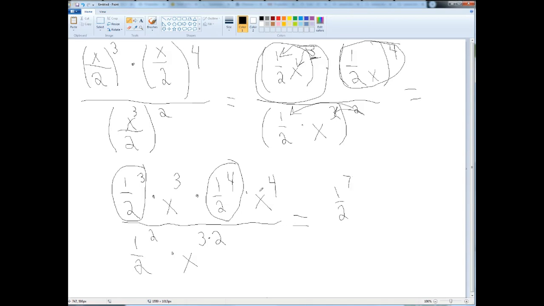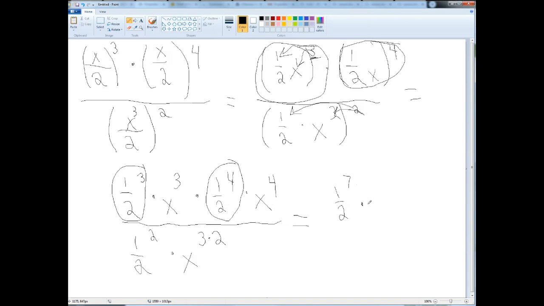You combine those because 1/2 to the power of 3 looks like 1/2 times 1/2 times 1/2. 1/2 to the power of 4 looks like 1/2 times 1/2 times 1/2 times 1/2. So when you put those all together, it's 1/2 times itself 7 times. That's how you expand it out, but you can just memorize it. When you multiply numbers that have the same base and a different exponent, you add the exponents together like that.